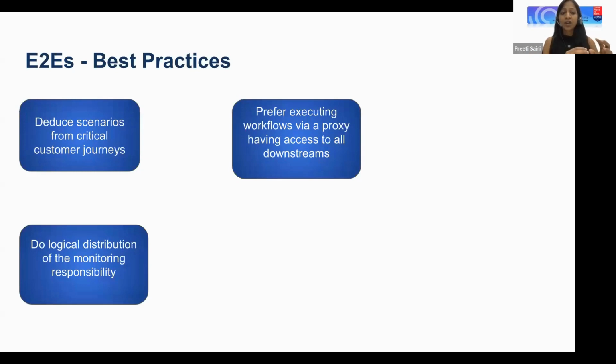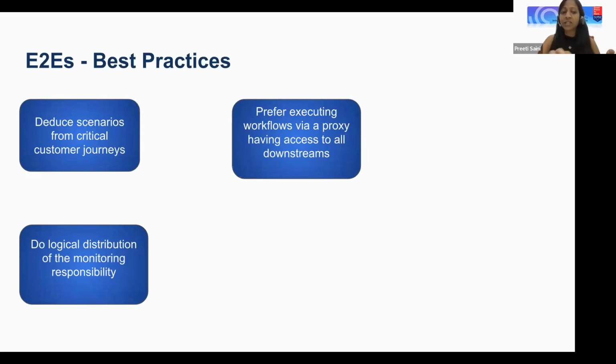The next is to do a logical distribution of the monitoring responsibility, right? As we were saying, with these end-to-end tests comes a lot of responsibility: when a failure is seen, you ensure that the teams are alerted, look into the failures as soon as possible, and fix these end-to-end tests as early as possible, right?